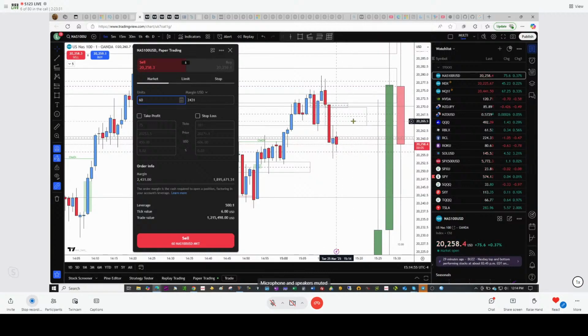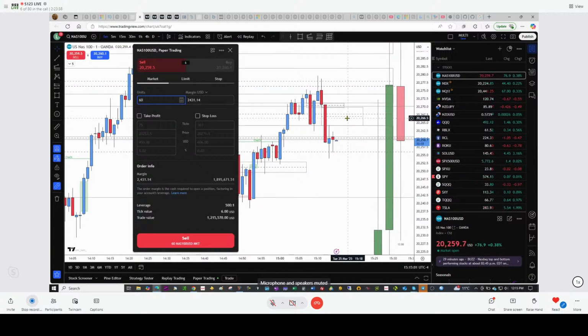Can we come back up into this gap? It looks like we're going to get there. Come on, a little higher. So they came close, but they didn't go in. Let's try again.